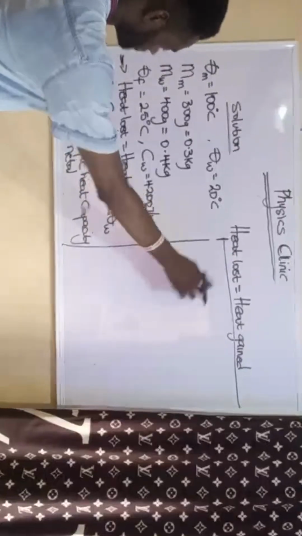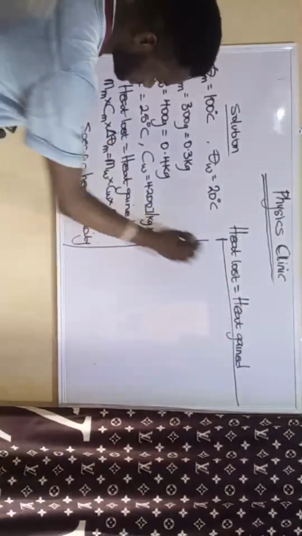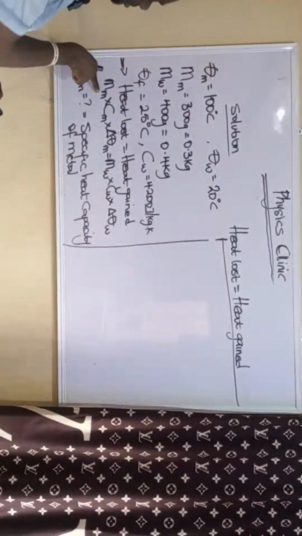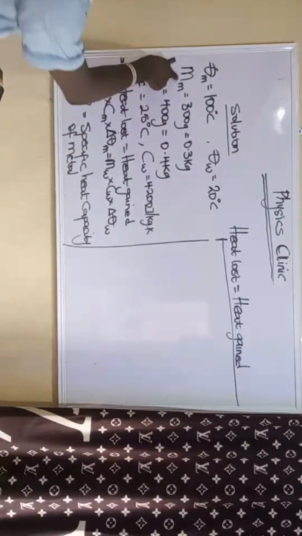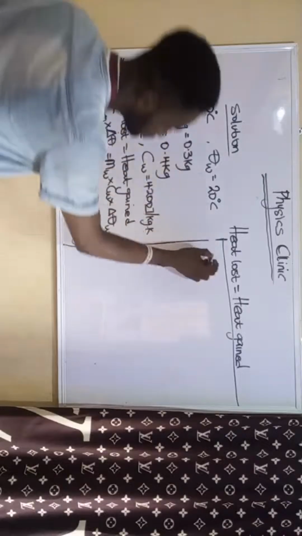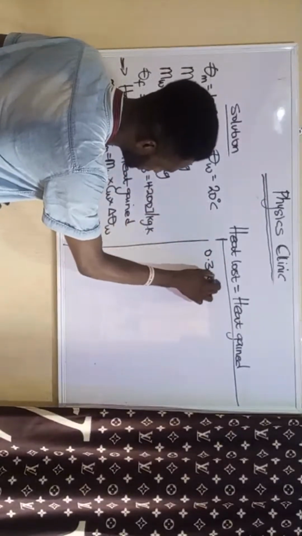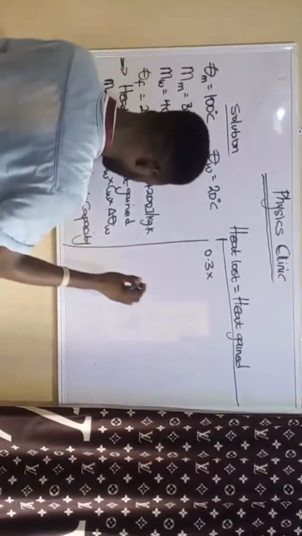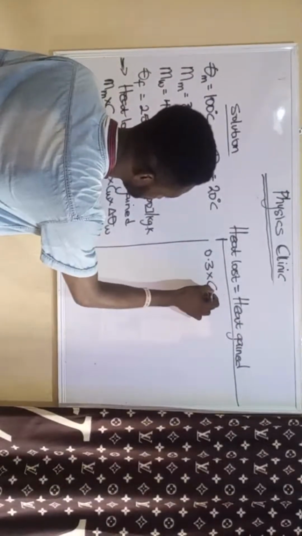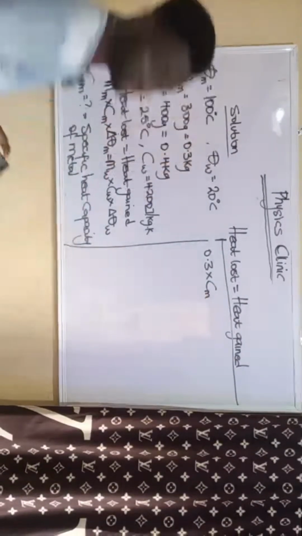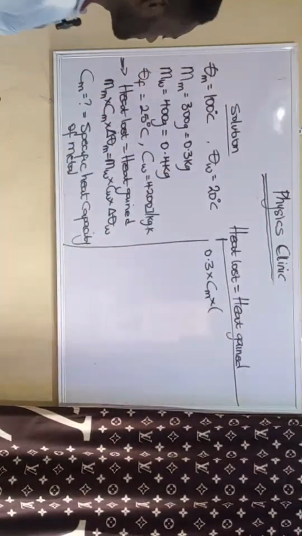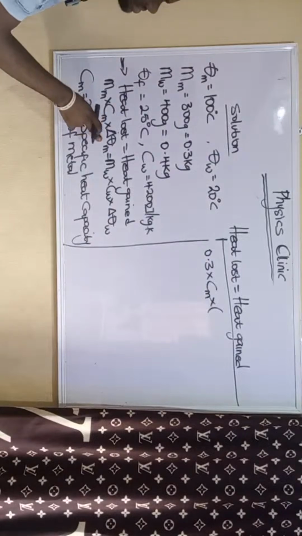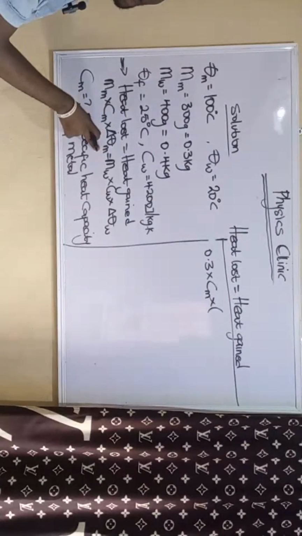I should be on this side of the board, please. So the mass of metal was given to us here, 0.3 kilograms. So here will be 0.3 times the unknown Cm, that's what I'm looking for, times into bracket. Now, my delta theta m, which is the change that the metal undergoes.